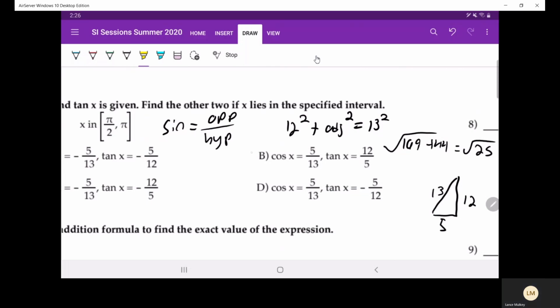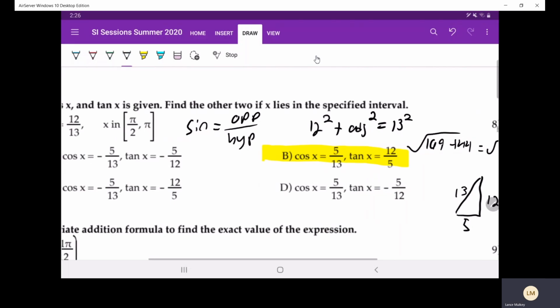So I'm going to go with B. I don't think it could be negative 5 over 13. The sign is positive from the left to the right.